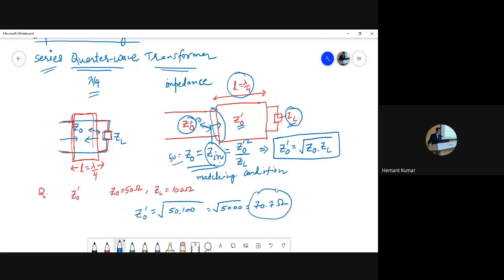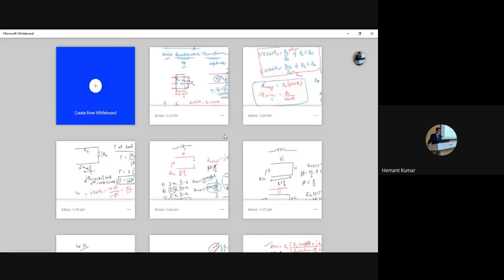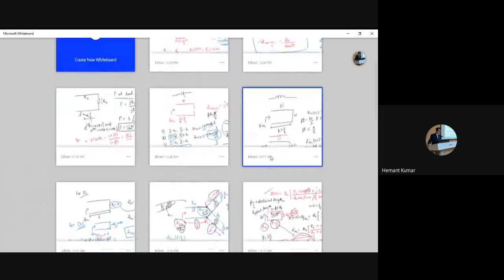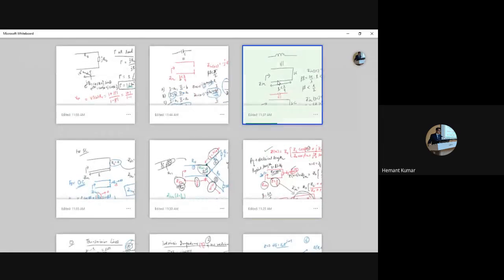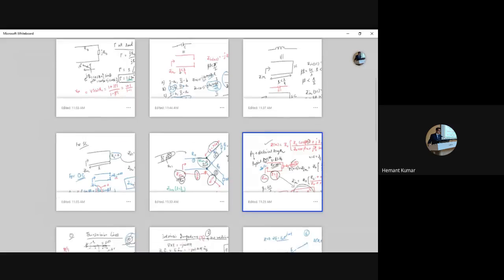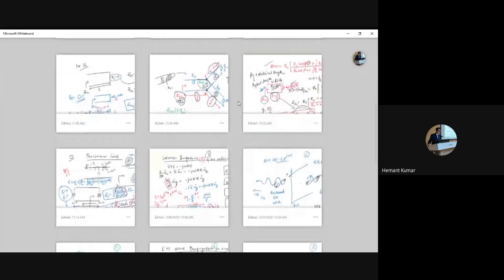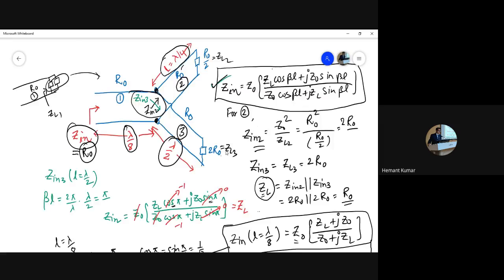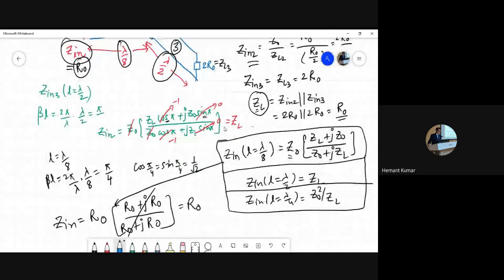I forgot to tell you one more formula in the previous part where we derived ZIN and ZSC. Let me just check. ZSC and ZOC. Yes. So what is ZSC?